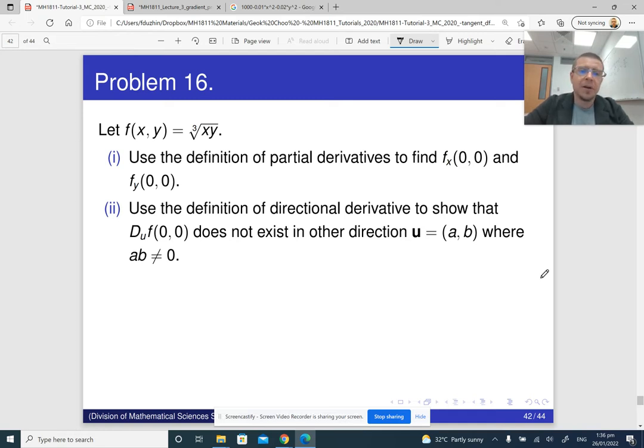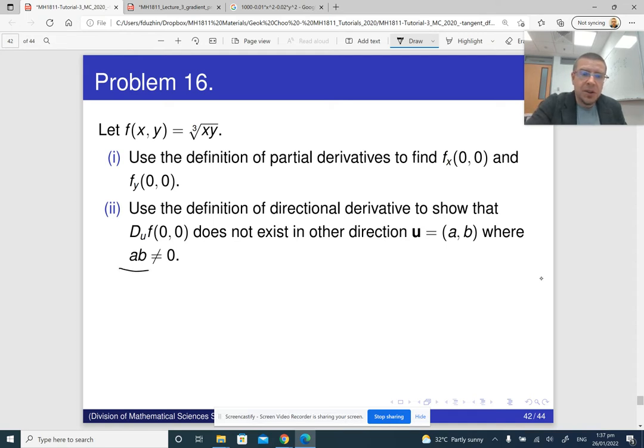And in the second part, we need to use the definition of the directional derivative to prove that directional derivatives don't exist, except for the case when directional derivatives are along the x-axis or along the y-axis, in which case they are in fact just the same as partial derivatives, right?